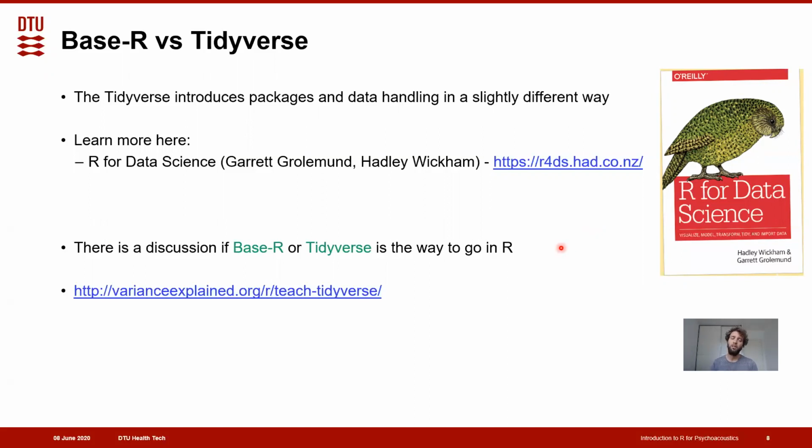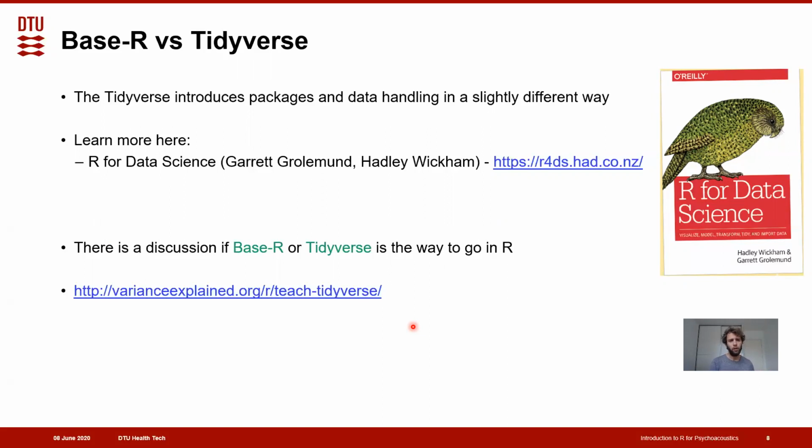Generally, there's a big discussion on what is better, if people should use base R, so the normal R, or the Tidyverse. And I think many people use mixtures. Under this link on varianceexplained.org, you can find an opinion piece that is quite nice, that discusses a little bit what is better for beginners, if they should use base R or the Tidyverse.